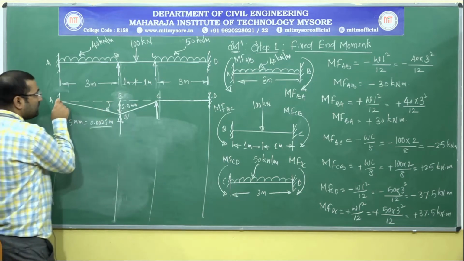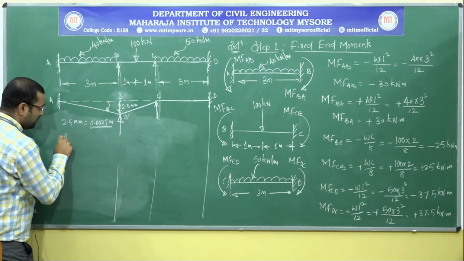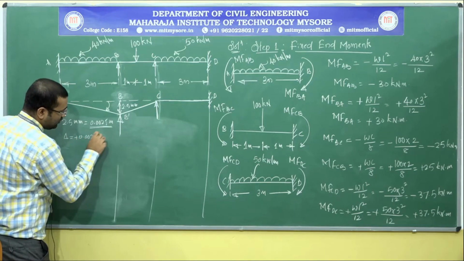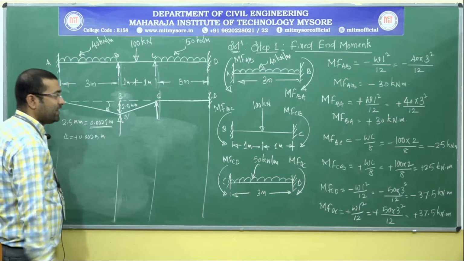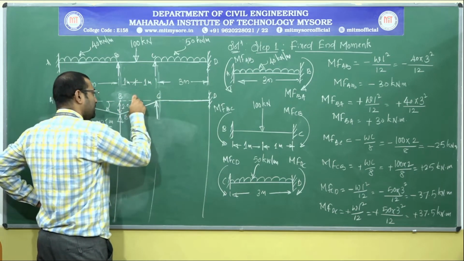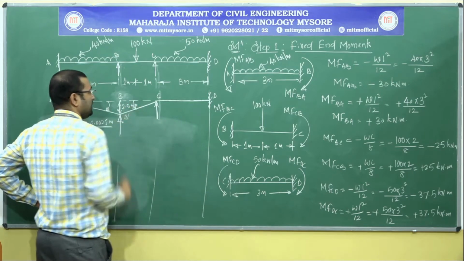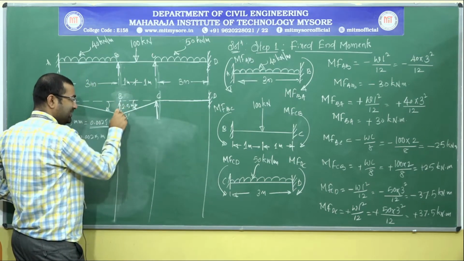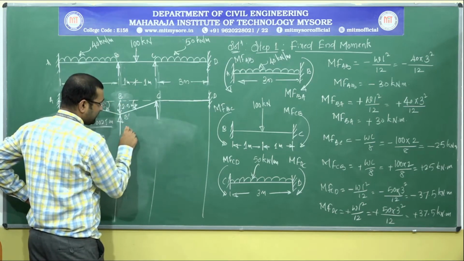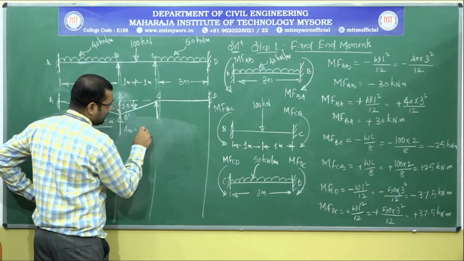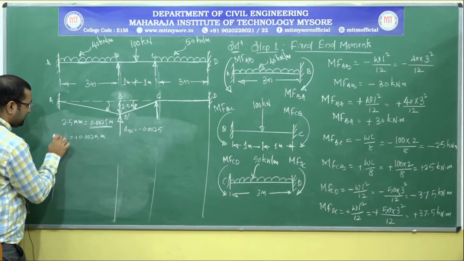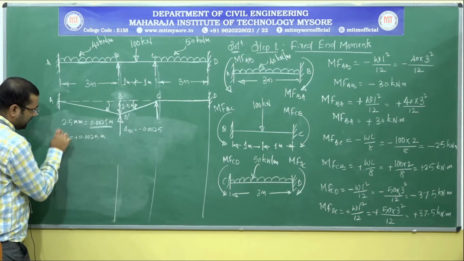So the delta value for span AB is plus 0.0025 meter. Whereas for span BC as a whole, the entire beam is rotating in the anti-clockwise direction because of this sinking. So the delta value for span BC is minus 0.0025.